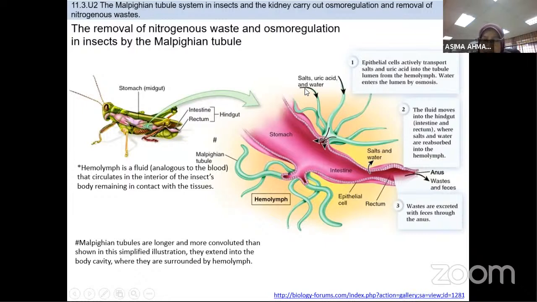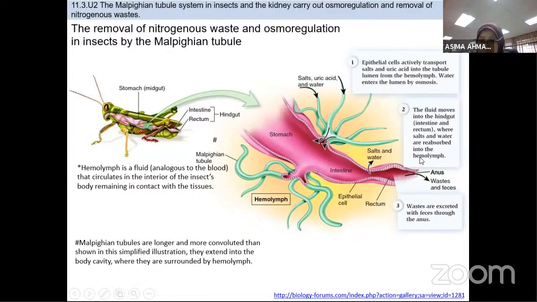So now first, salts and uric acid go into the lumen of the tubule, and this is followed by water by osmosis. So now water, salts and uric acid, the fluid moves into the hindgut, which is the intestine. Dia pergilah mengalir ke sini, intestine and also rectum, where salts and water are reabsorbed into the hemolymph.